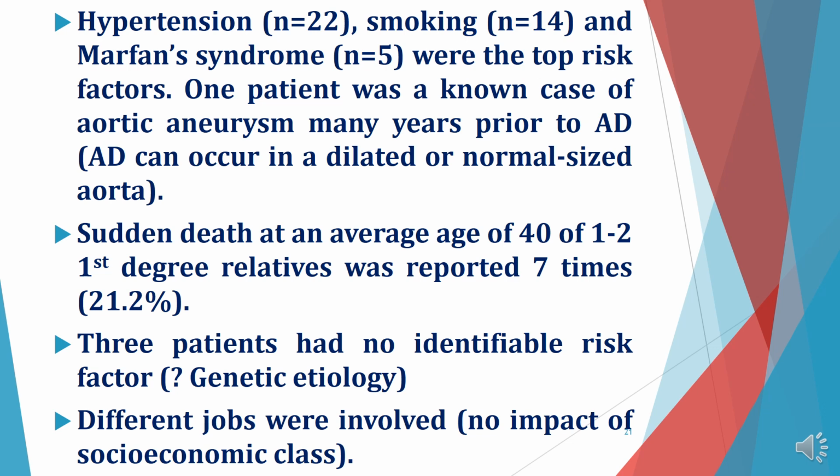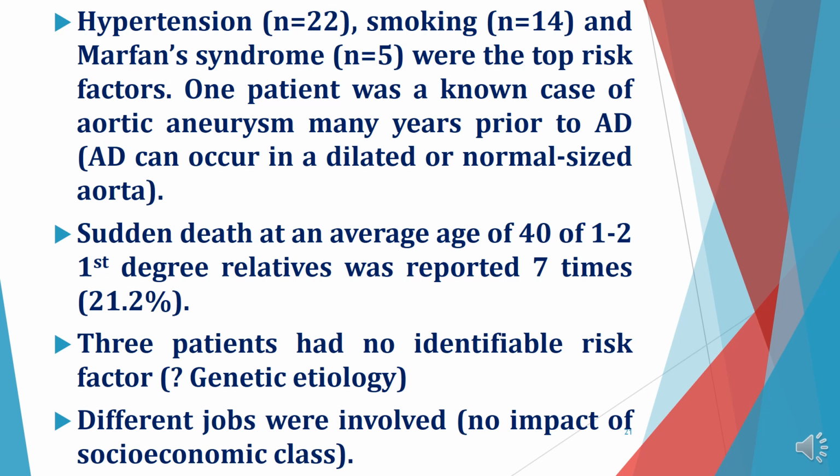The risk factors in this study included hypertension in 22, smoking in 14, and Marfan syndrome in 5, and these were the three top risk factors. One patient was a known case of aortic aneurysm many years prior to aortic dissection. Aortic dissection can occur in a dilated or normal size aorta.